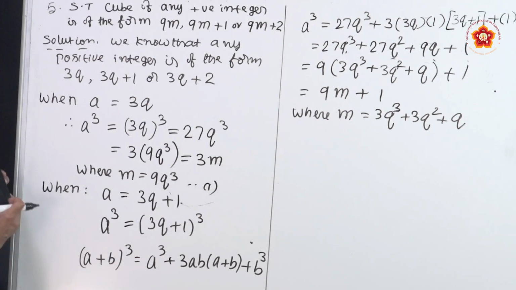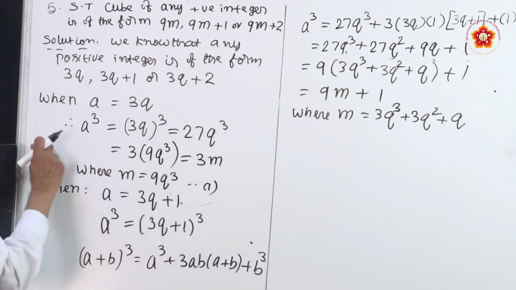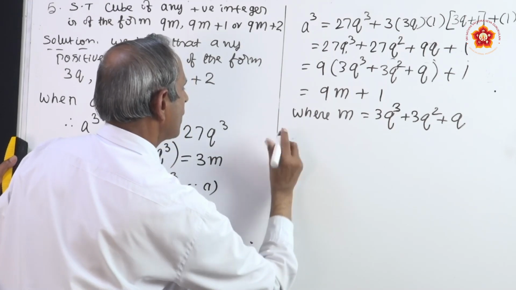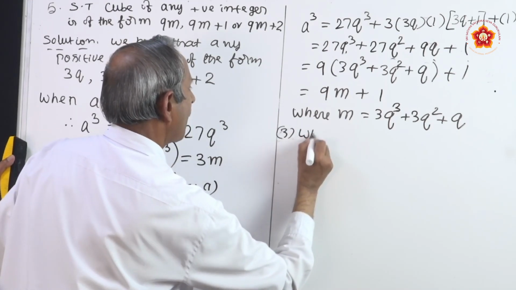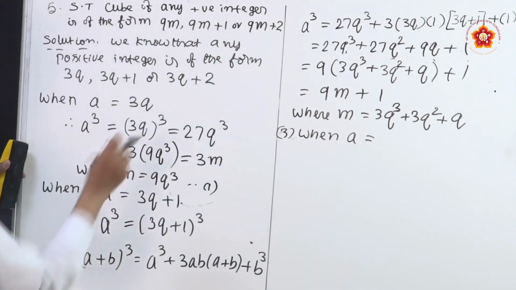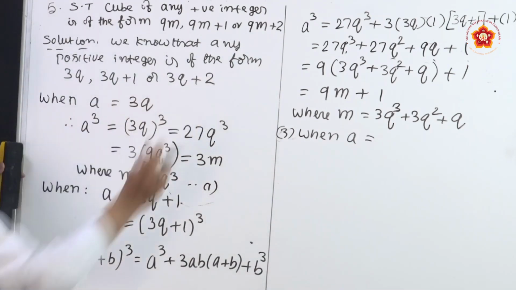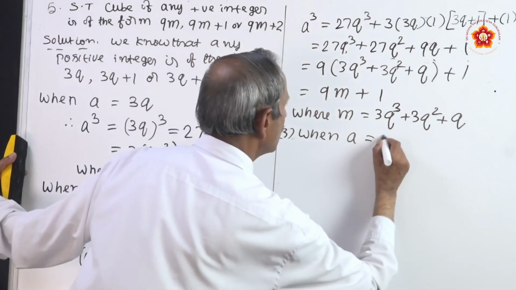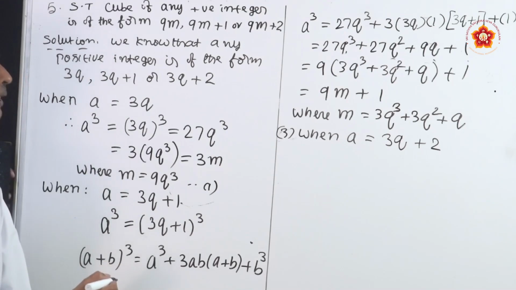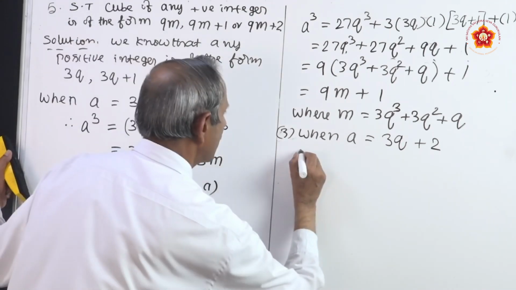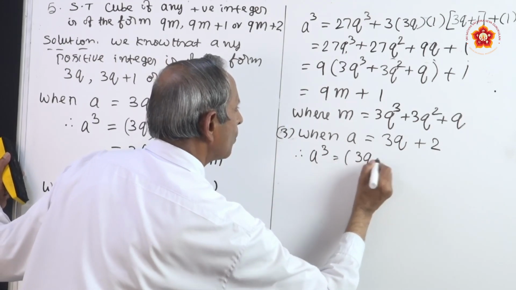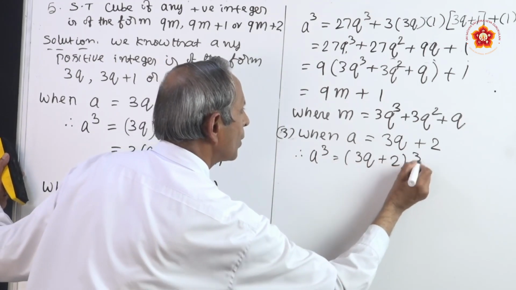Now the last condition, the third one, when a is equal to 3q plus 2. Now we have to find a cube here, therefore a cube becomes 3q plus 2 whole cube.